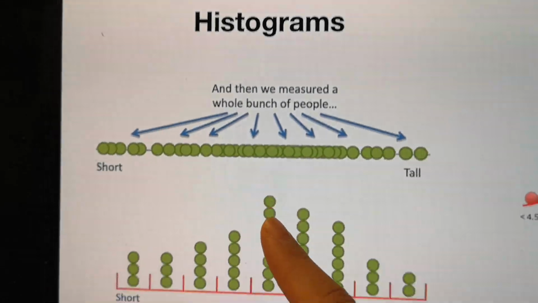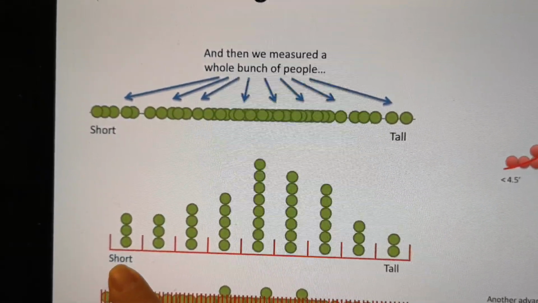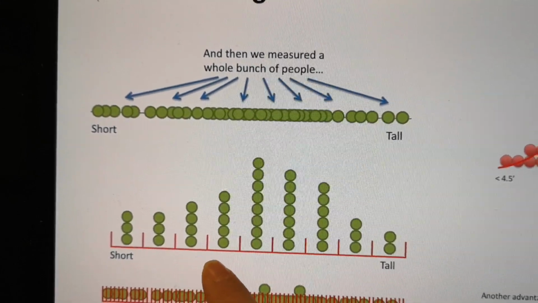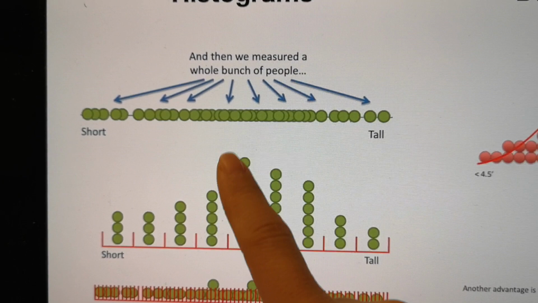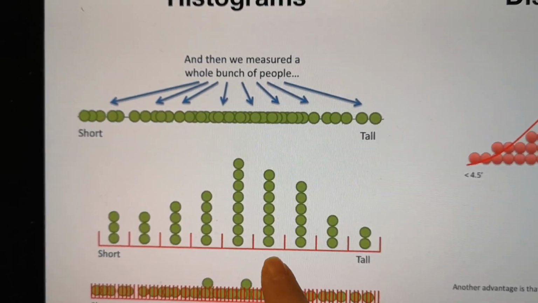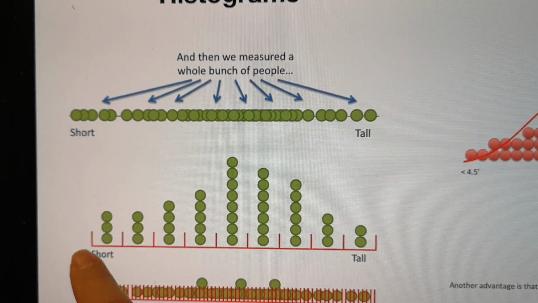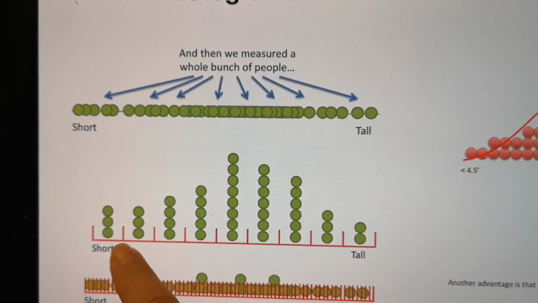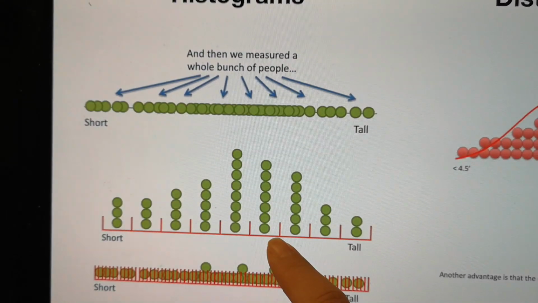But if we divide the height into different bins, it can show us a clearer view. For example, more people land in this area, this kind of height, and fewer people are very tall, and also not many people are that short. So the majority are mainly in this area.